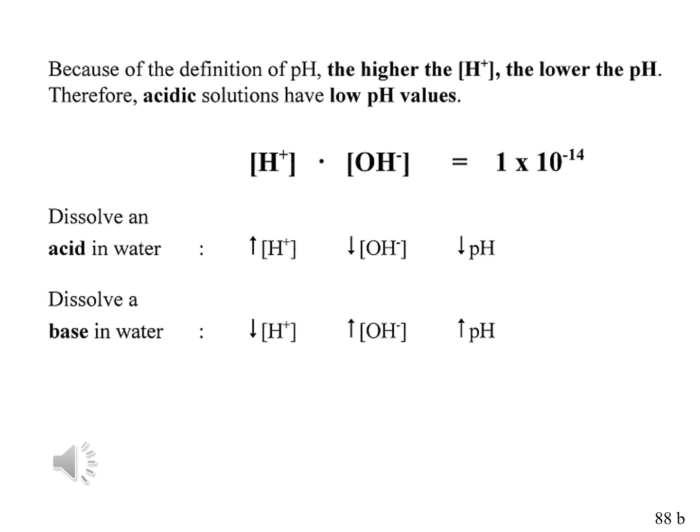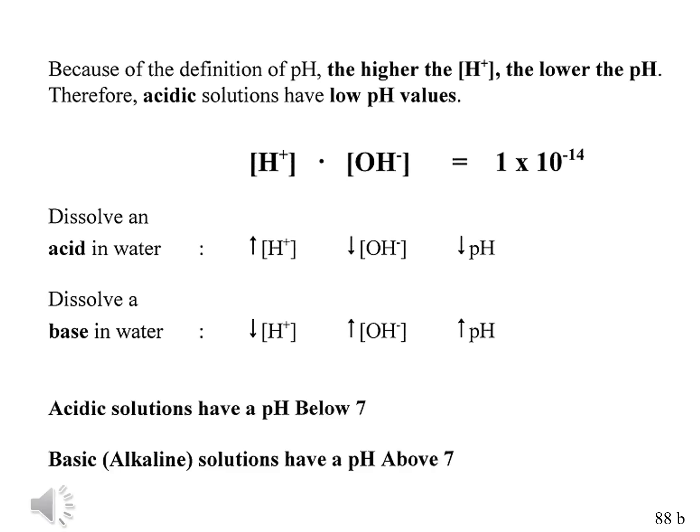This is where the rules come from about what pH acidic and basic solutions have. Because more acidic means the pH goes down, that's the reason why acidic solutions have a pH below 7. And that's also the reason why basic solutions have a pH above 7.